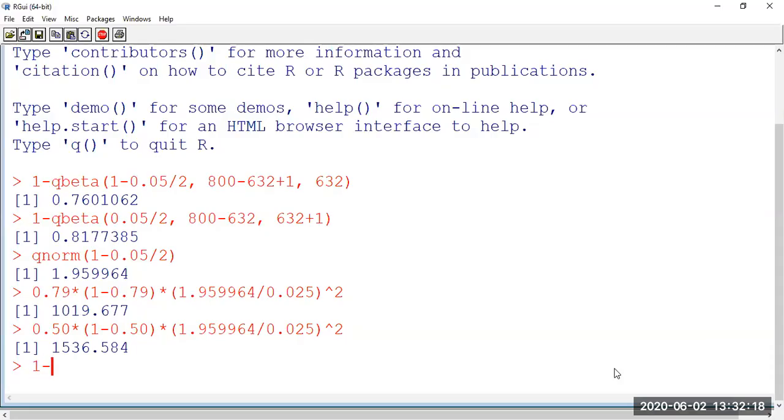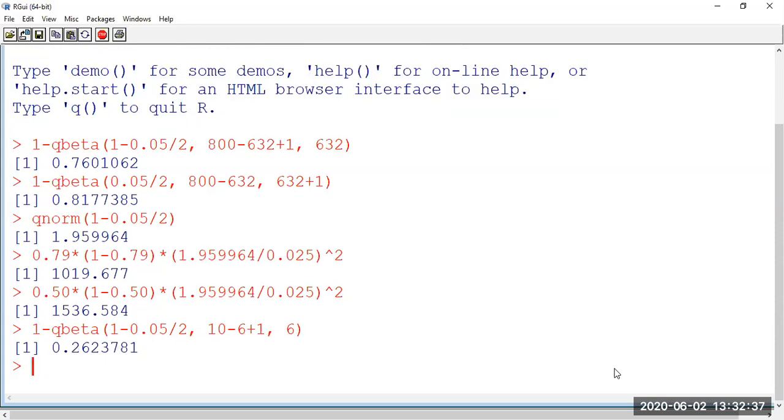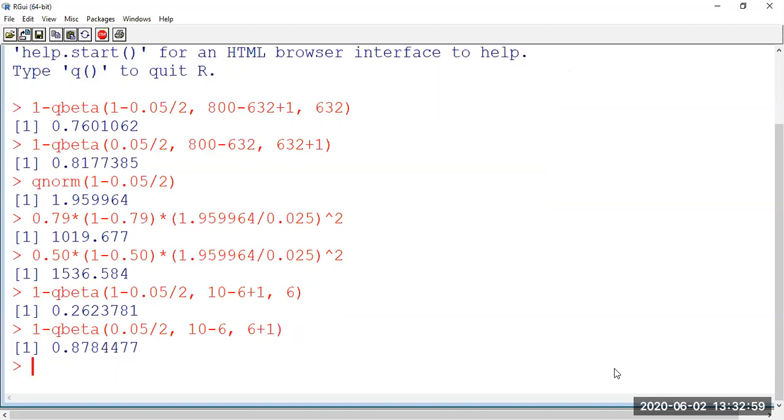So we have 1 minus q beta of 1 minus 0.05 over 2, comma 10 minus 6 plus 1, comma 6, and then the next one is going to be 1 minus q beta of 0.05 over 2, comma 10 minus 6 and 6 plus 1. So we have our two values here.